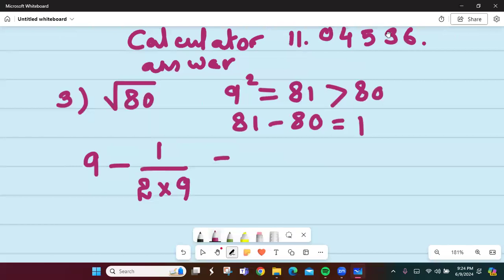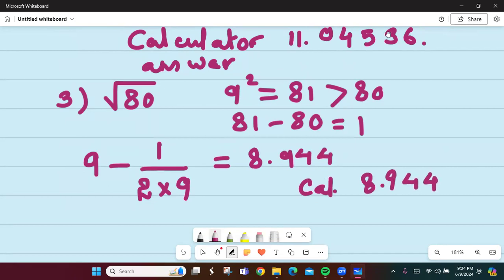When you solve this, you will get 8.944. And if you see the calculator answer, you will get 8.94, which you can see is very close to the answer we have got.